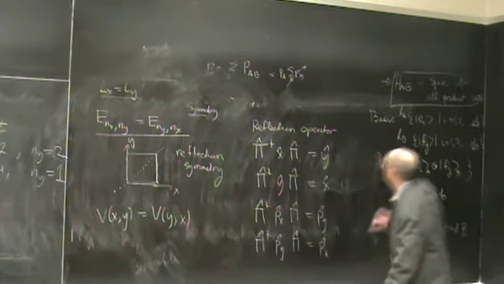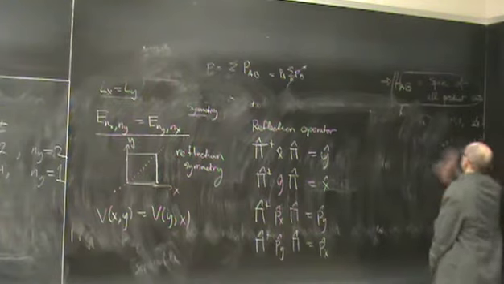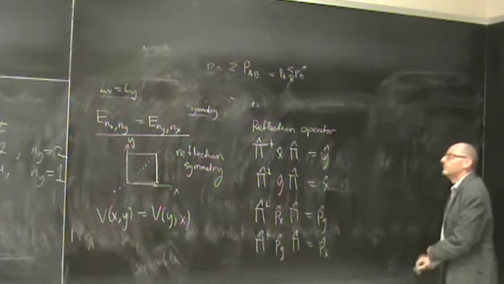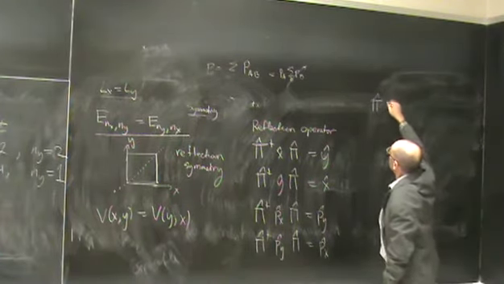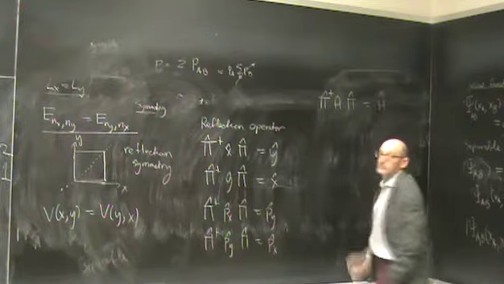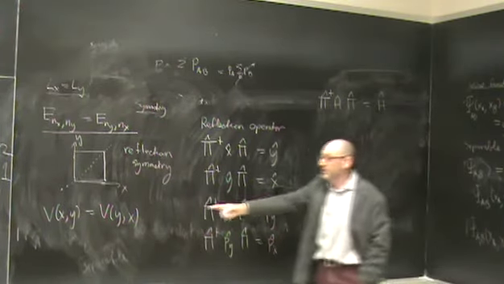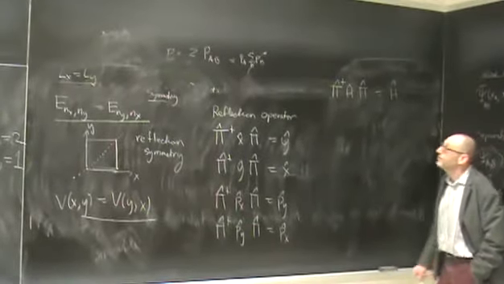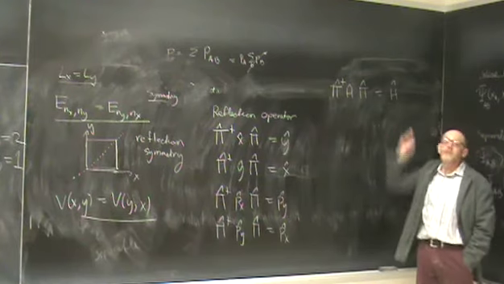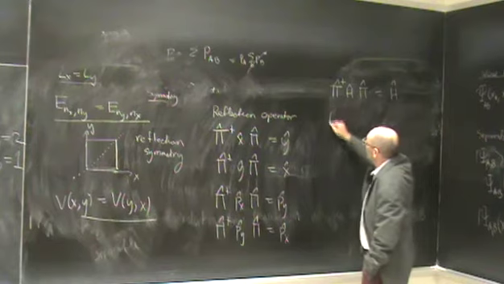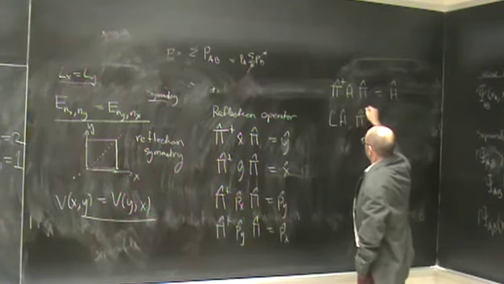Then the Hamiltonian is unchanged, because the potential is reflection symmetric. So if I have a reflection symmetric potential, then the Hamiltonian is invariant under the reflection symmetry operation. Another way of saying that is the Hamiltonian commutes with reflection.